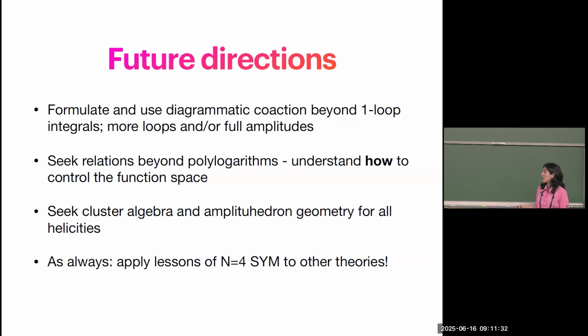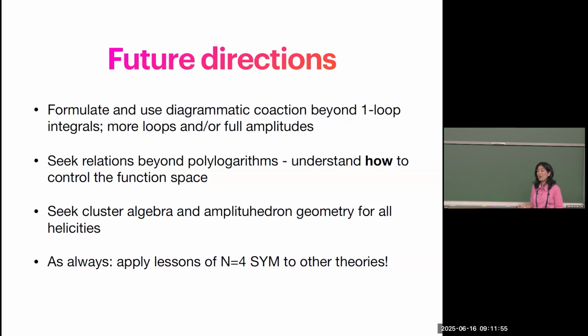Then, we're also looking beyond polylogarithms. This is already in progress, so we want to understand the relations there. And very broadly, an ongoing project is to understand how to control the function space using everything we know about what functions do appear and things we continue to learn.